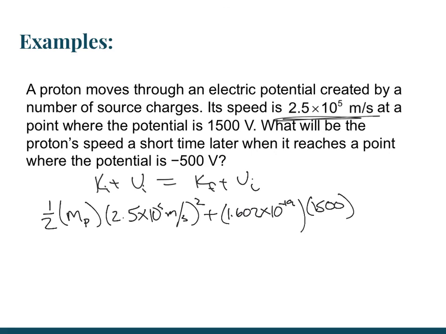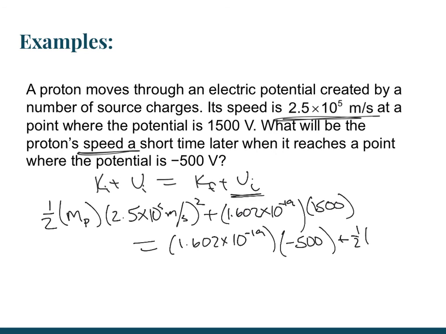So it's going to reach somewhere where the potential is negative 500 V. And we're going to look for the speed, which we can find from the kinetic energy. So its potential energy after it has moved is still Q times V. Q is 1.602 times 10 to the negative 19th times the new potential, negative 500 volts, plus 1/2 mass of a proton, V squared.